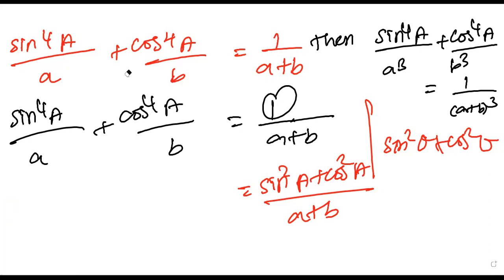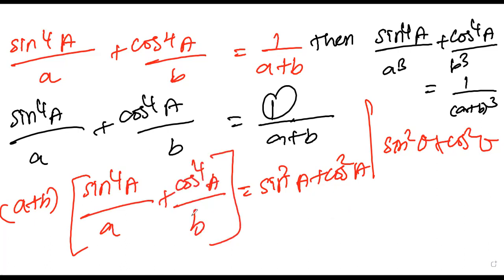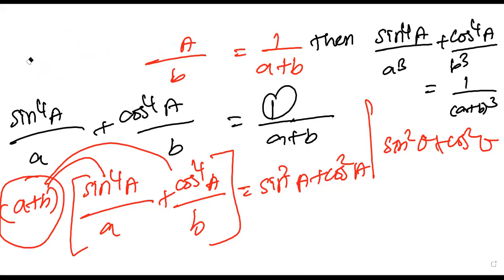Here, the a + b is in division. When I take it to the left side, it will become multiplication. So it's (a + b) times (sin⁴A / a + cos⁴A / b). So now you take a + b inside and multiply with both the terms. You take a screenshot often, you can copy later, you can pause the video and take a screenshot.